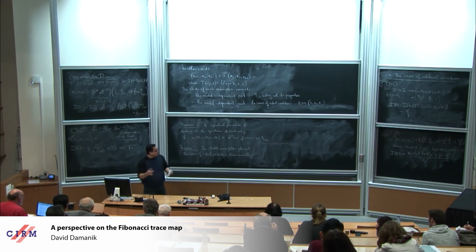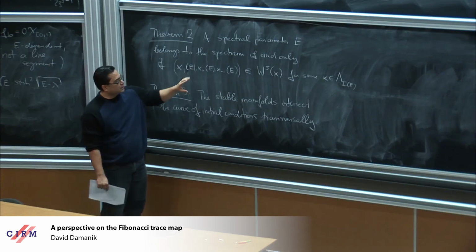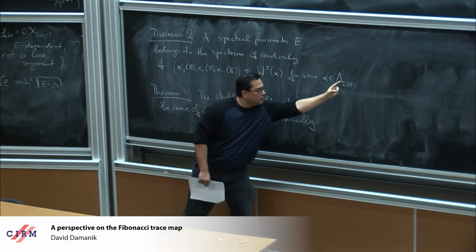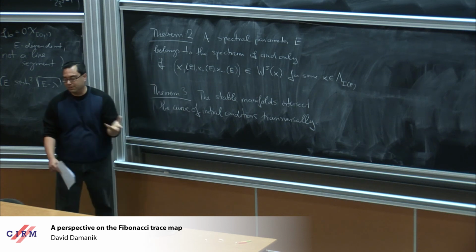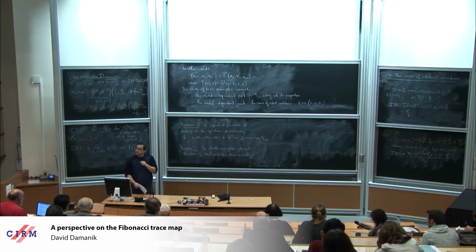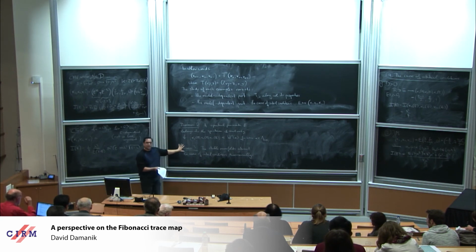And this then allows you to turn dynamical information from here to spectral information basically on here or E by pullback. Okay, and so because I'm out of time, let me just say that here I cheated a little bit.